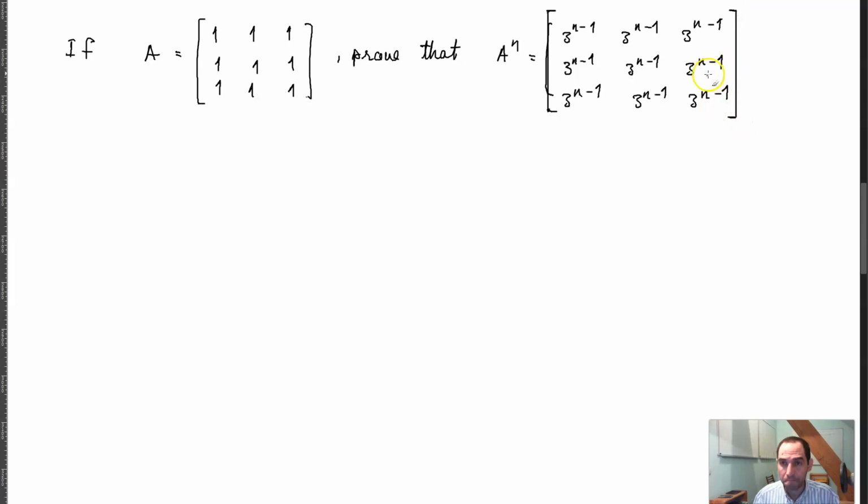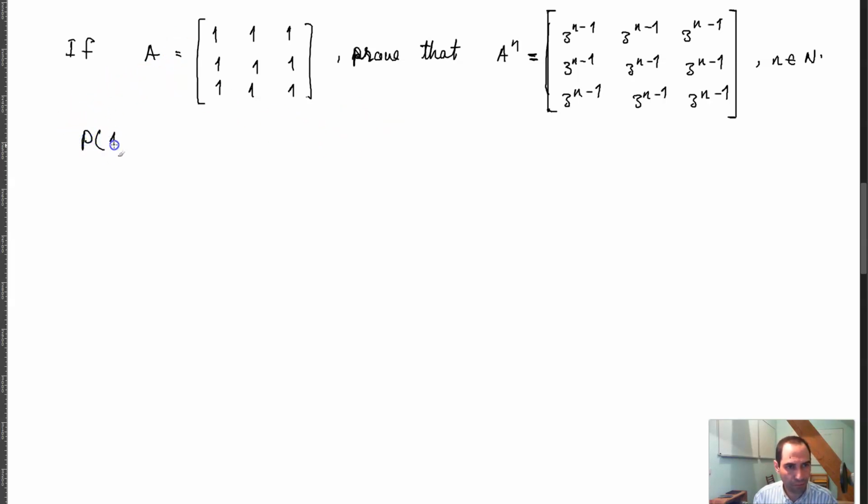Now, again, we need to use the principle of mathematical induction to prove this, because here n belongs to the set of natural numbers, and you have to prove this for all natural numbers. Like always, you have some P of 1.